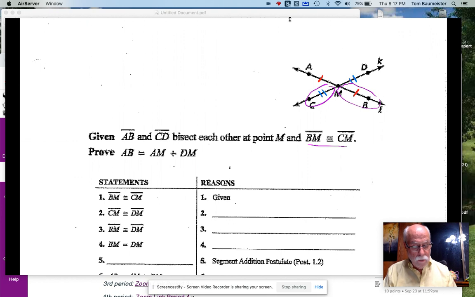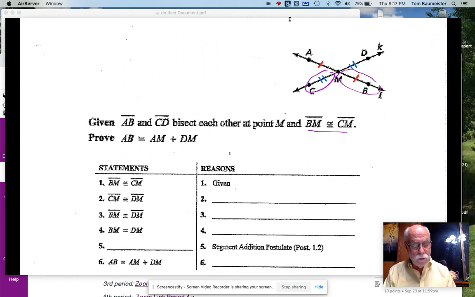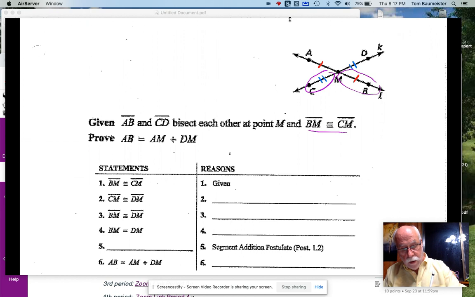So they told us, again, I'm going to tell you, sometimes you use all of the given. Sometimes you just use the part that lets you see stuff. All right. So the first one is line segment BM is congruent to line segment CM. That's this part right here, right? And that's given.